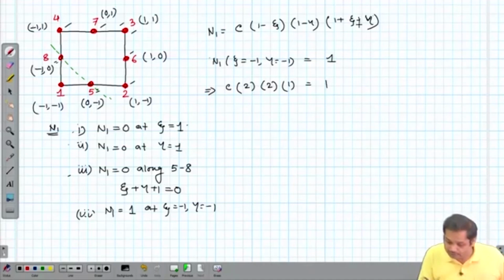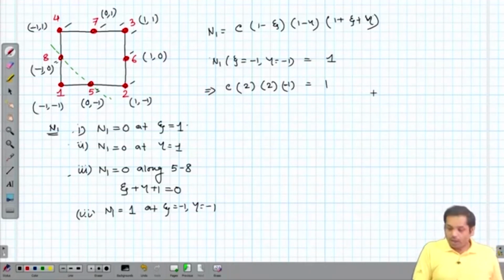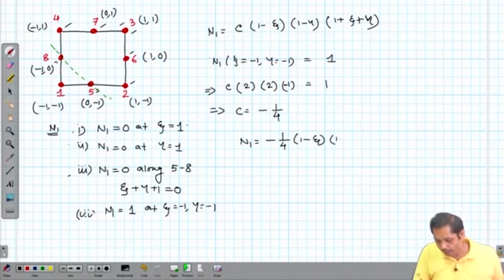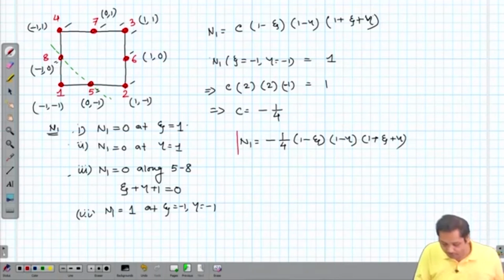No, this is plus, so this should be equal to minus 1. Okay, so this gives us C is equal to minus 1 by 4, and with that we can obtain N1 is equal to minus 1 by 4 into 1 minus xi, then 1 minus eta, and 1 plus xi plus eta. This is the expression for N1.